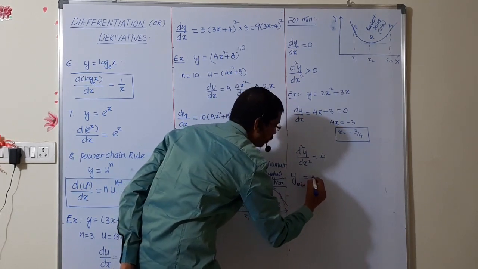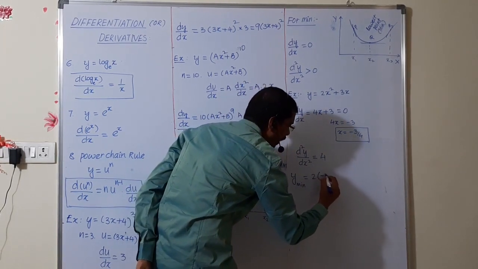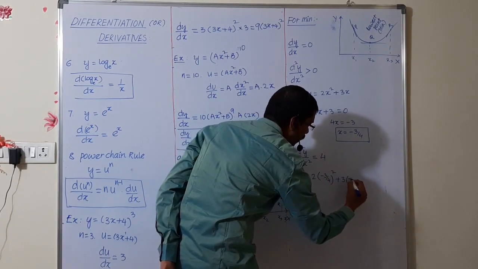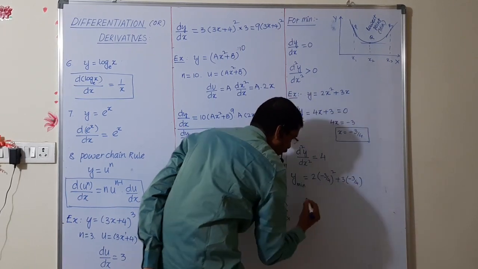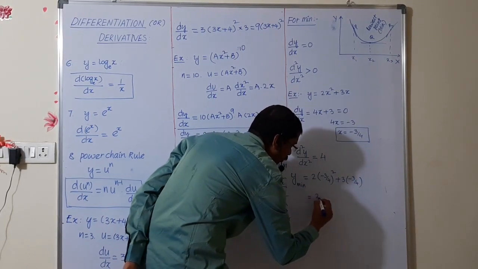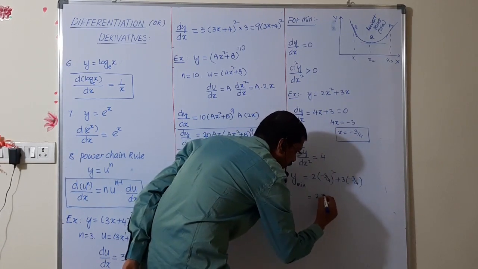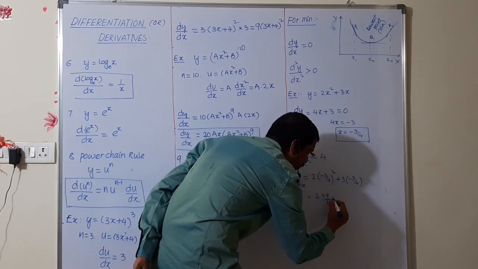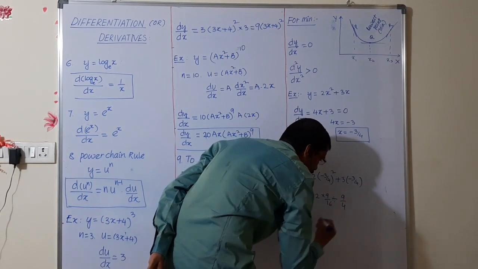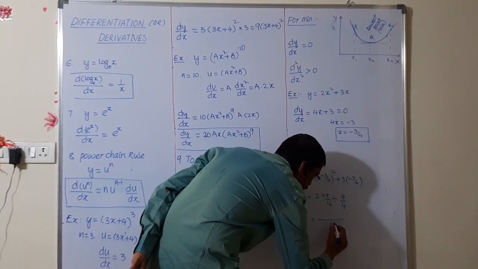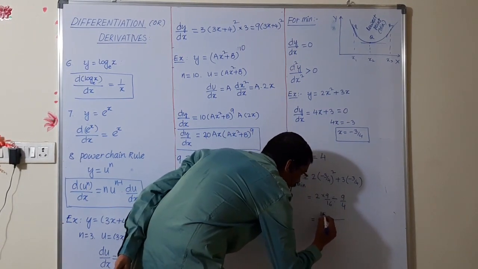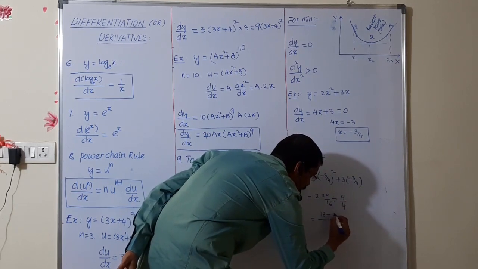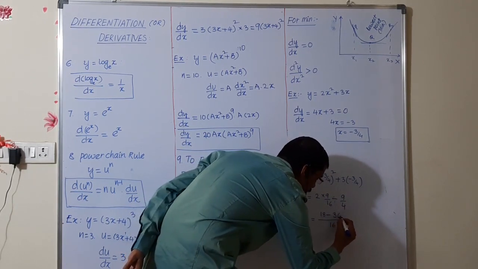Now substitute the x value: 2 into (minus 3 upon 4) squared plus 3 into minus 3 upon 4. Now what will happen? 2 times 9 upon 16, plus, minus into plus gives minus 9 upon 4. If you take the LCM, 16, we get 18 minus 36 upon 16.